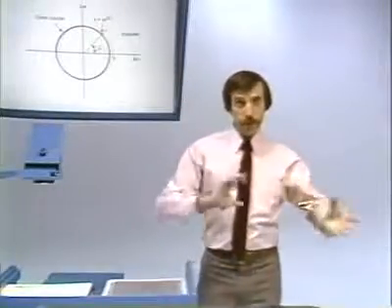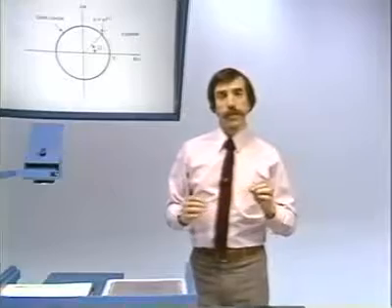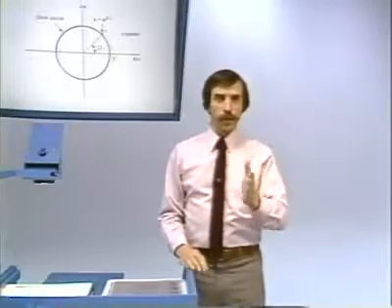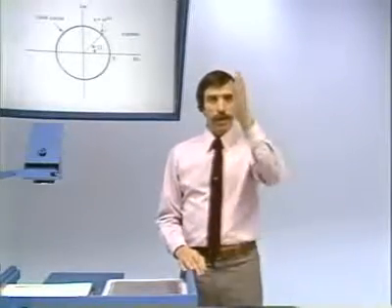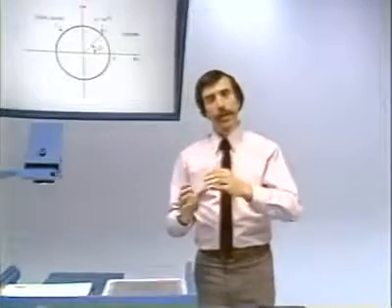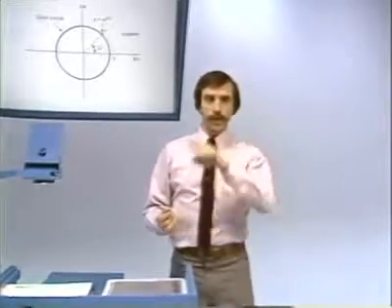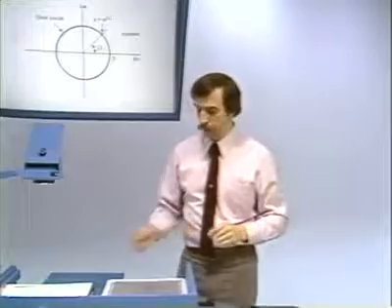Just, again, to emphasize the relationships and differences with continuous time, with the Laplace transform, it's the behavior in the s-plane on the j omega axis that corresponds to the Fourier transform. Here, it's the behavior on the unit circle where the z transform corresponds to the Fourier transform.